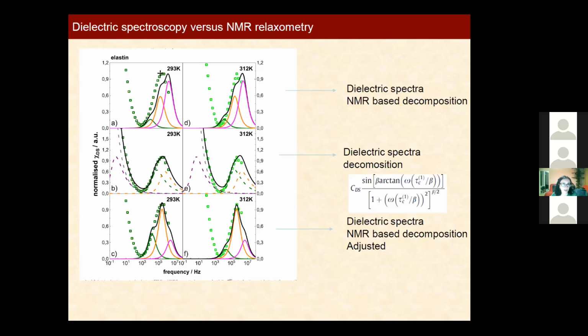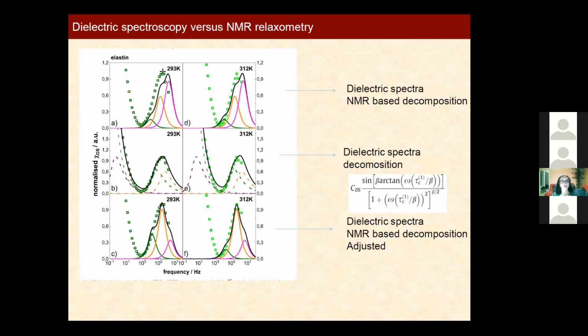This is the first act. I take those 3 contributions, fast, intermediate, and slow, from the decomposition of the NMR data. I present them in the susceptibility representation, keeping the ratio between the 3 factors, meaning the dipolar relaxation constant.